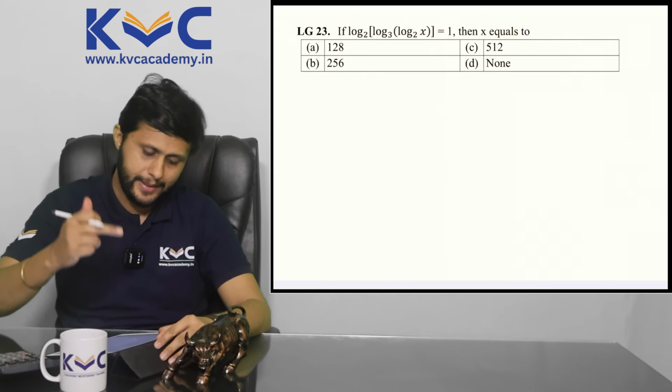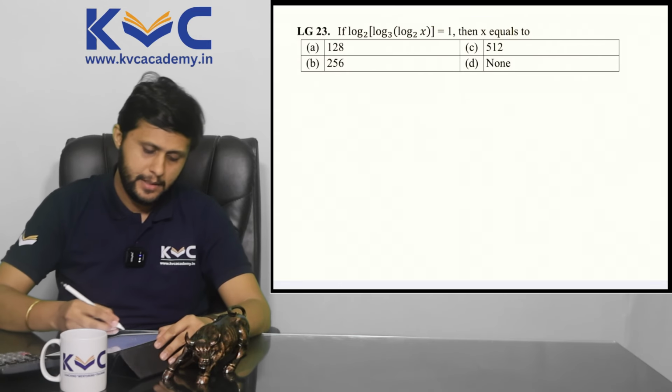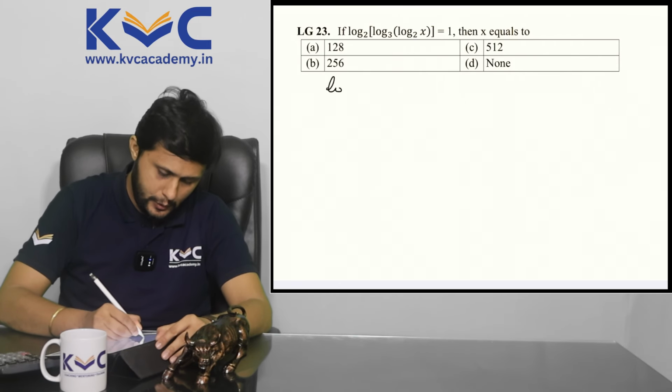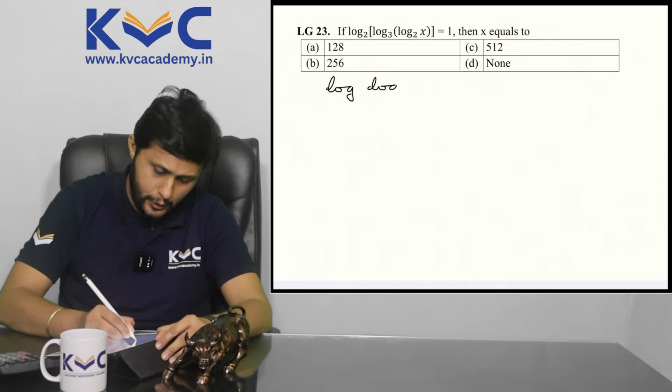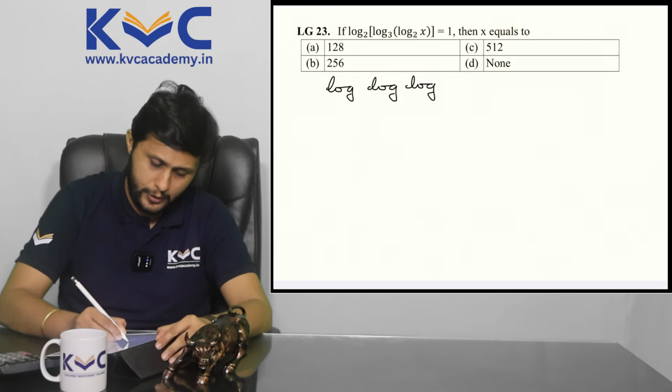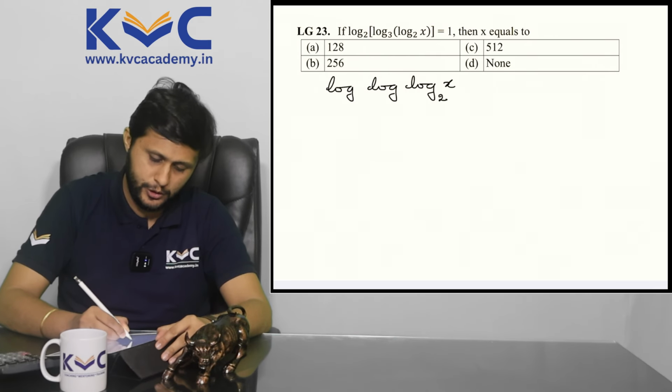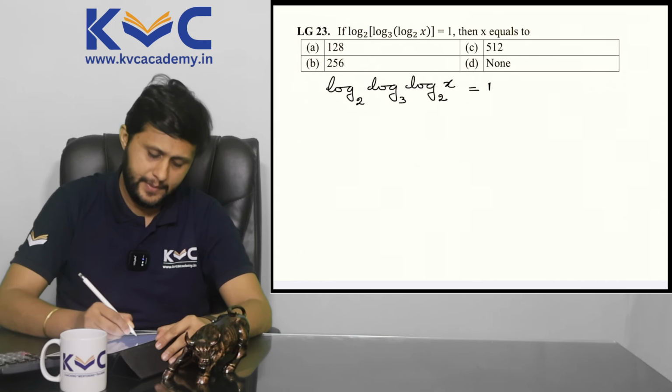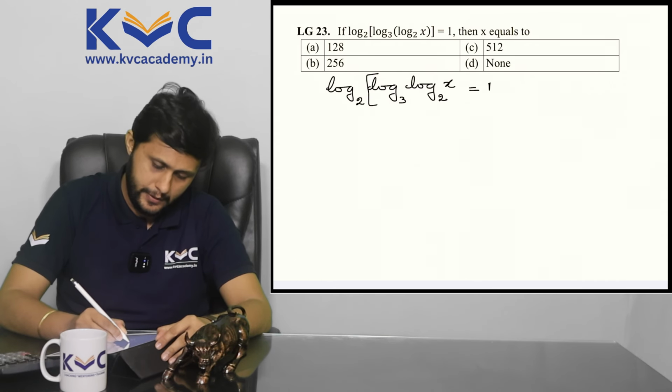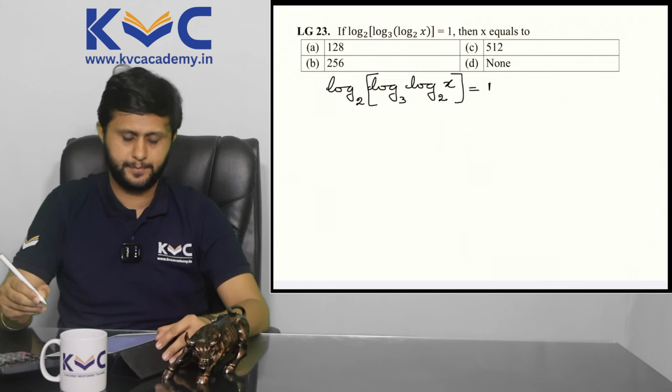Question number 23. We have log of log of log x to the base 2 to the base 3 to the base 2 equal to 1. Okay, we'll go a little slow over here.